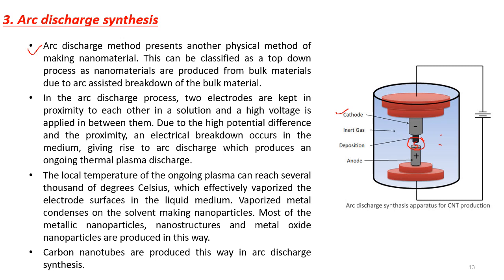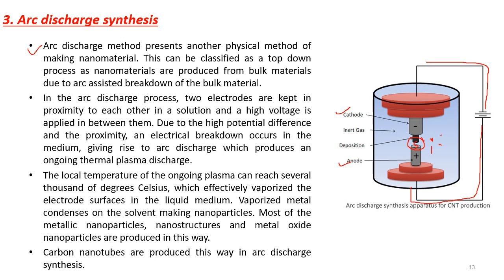It requires a cathode and an anode, and when these two terminals are kept very close to each other, the high applied voltage from the anode tries to jump towards the cathode.